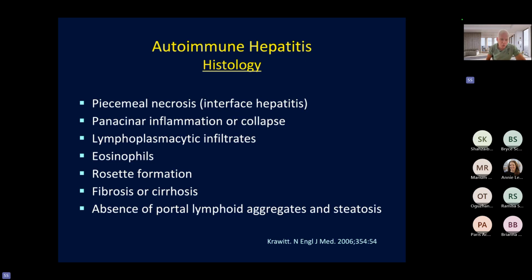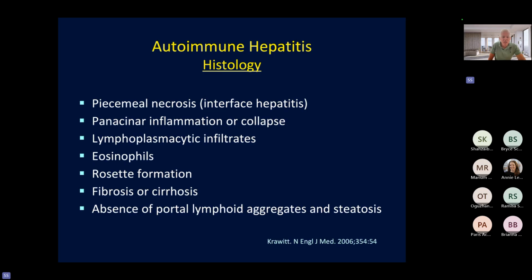Inflammation with lymphocytes and especially plasma cells can be diagnostic, but there are other inflammatory cells, such as eosinophils, and even in some cases neutrophils, which can invade. The brisk inflammatory response leads to hepatocellular rosette formation, and ultimately necrosis leads to fibrosis and cirrhosis.